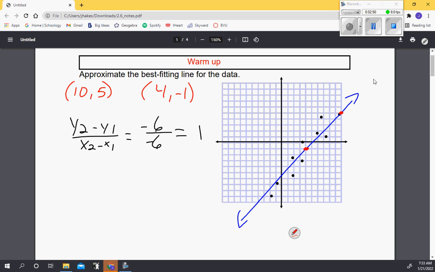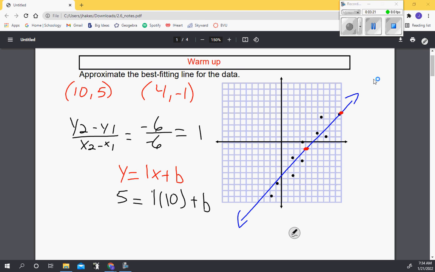Next, I'm going to create my equation. y equals 1x plus b, because I found m, I'm just going to replace m with 1. Now I'm going to pick one of my 2 points to put into x and y. I'm going to choose 10, 5. So 5 is equal to 1 times 10, not 10 times 1, 1 times 10, plus b.